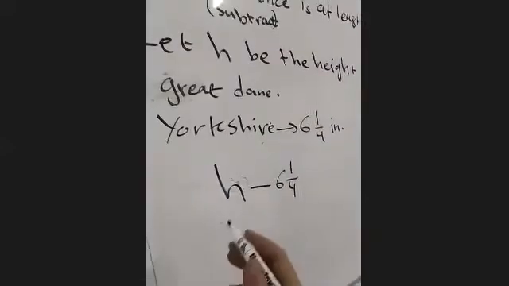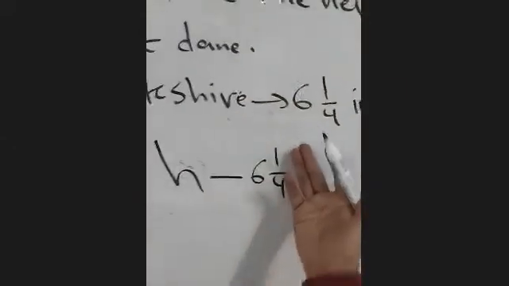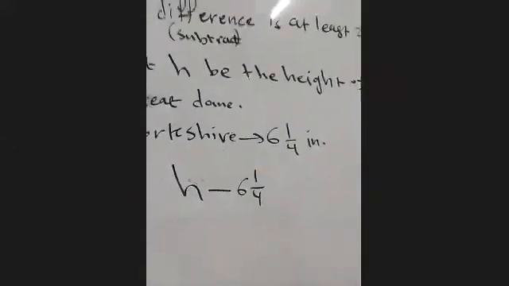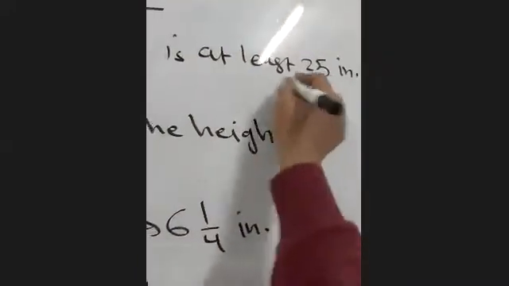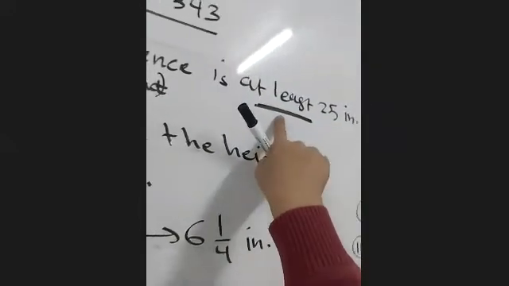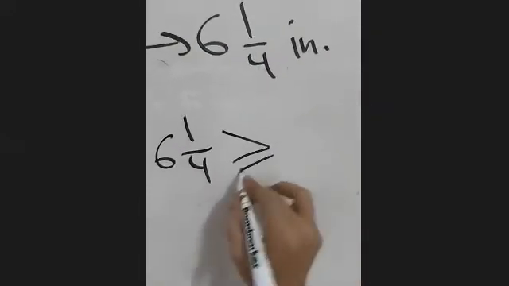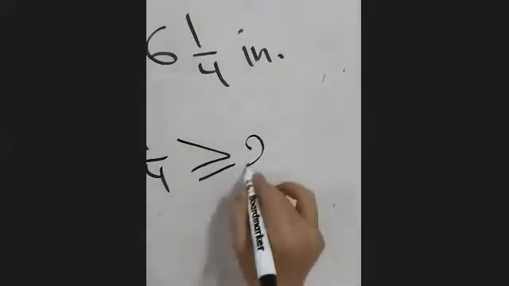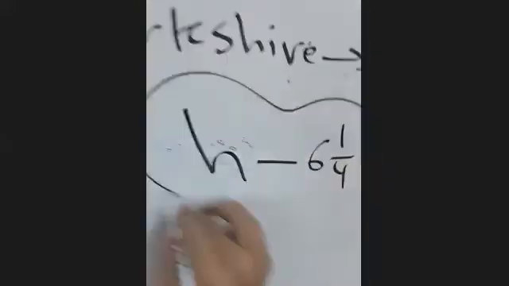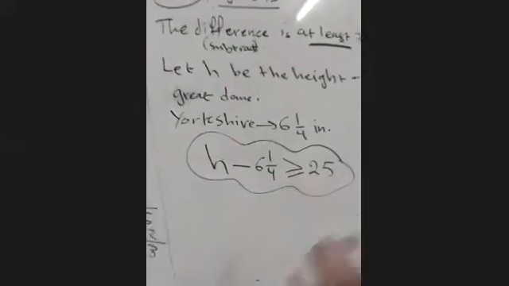Yes. What will we write here? More than, less than, what will we do here? More than or equal. From where do we get more than or equal? At least. More than or equal to how much? 25 inches. Okay. Done.